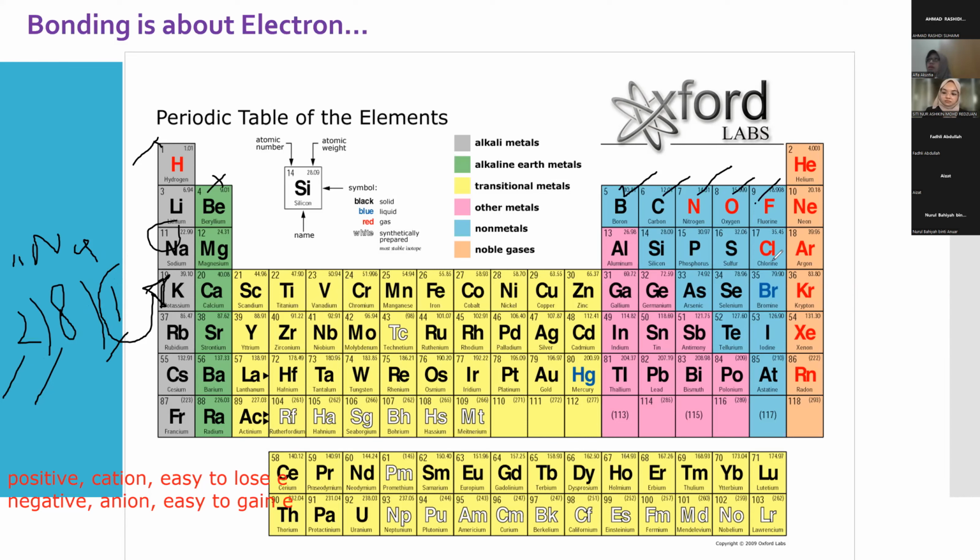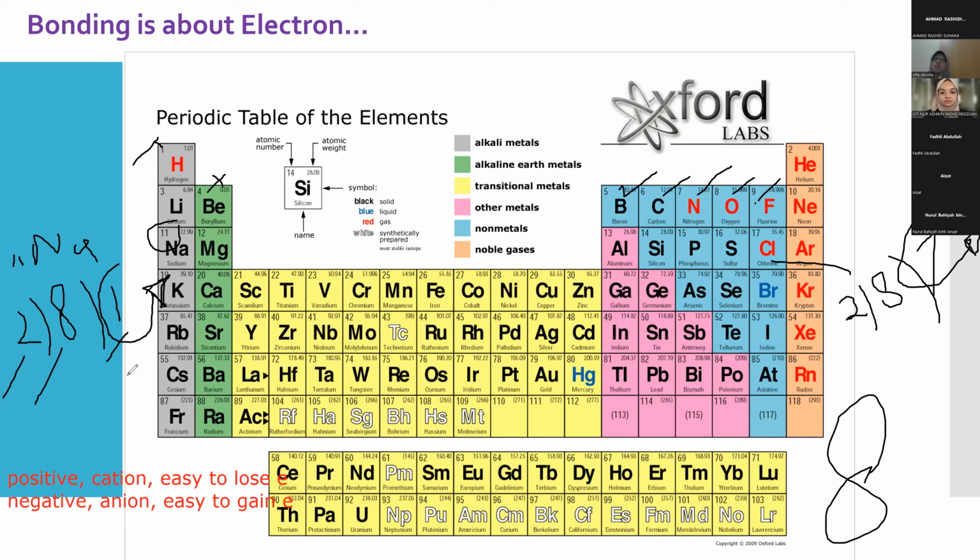If I have Cl, 17 electrons, 2, 8, and 7, how do you think? Is it easy to lose or easy to gain? The target is to be an octet, to have 8 electrons, so there are 2 possibilities.